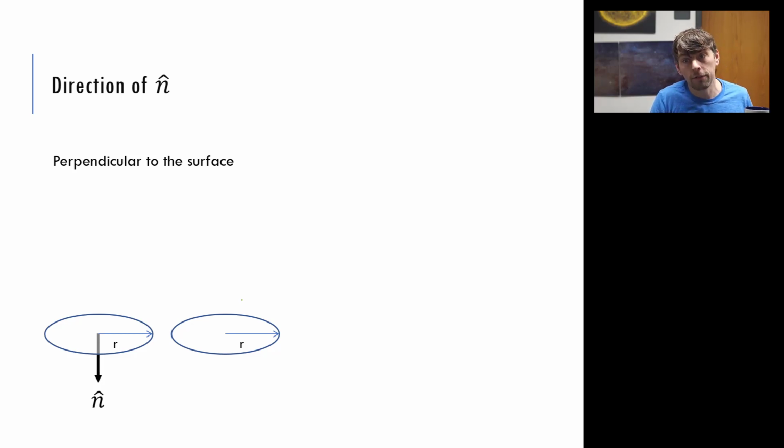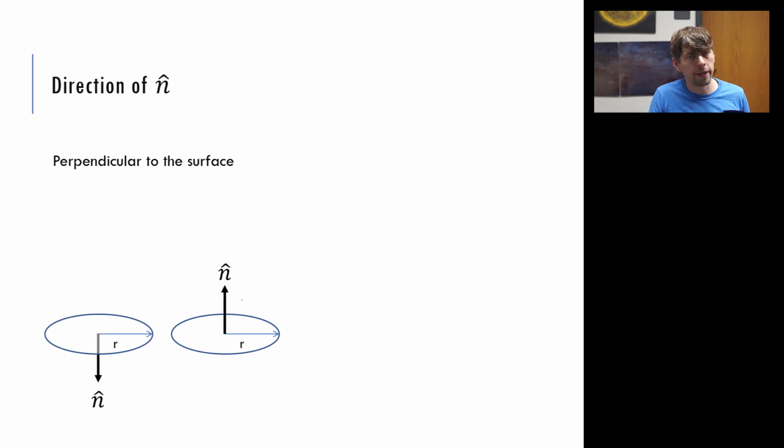You could think of n as pointing downwards, and you notice that that's perpendicular to the surface beneath. But you also have a choice of n being perpendicular to the surface, pointing up. And for these types of surfaces, I'll call it an open surface, you are perfectly free to choose whichever direction you want. It won't affect the underlying physics.